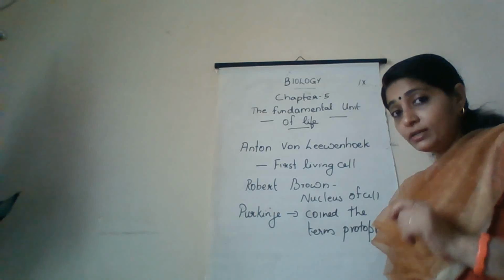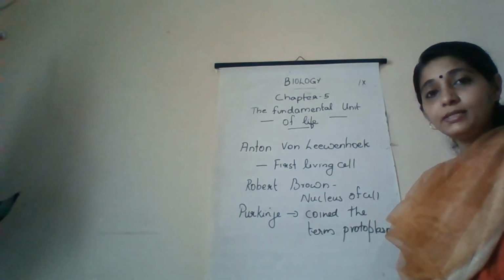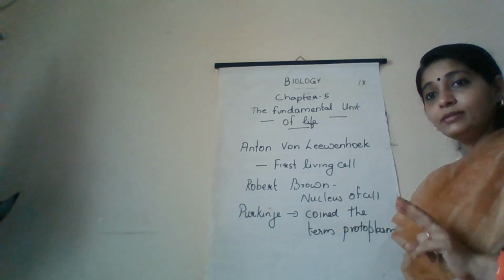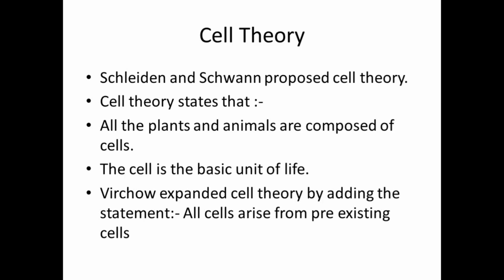Now, the next important thing which we have to study is the cell theory. The cell theory is proposed by two scientists, Schleiden and Schwann. The cell theory states that all plants and animals are composed of cells.